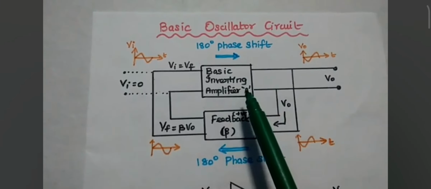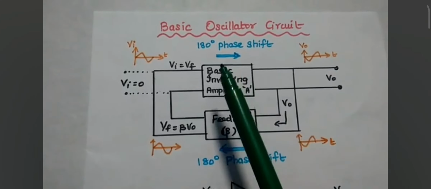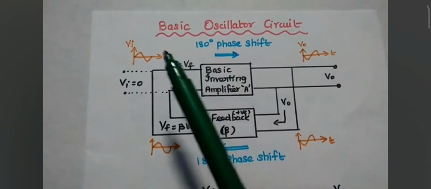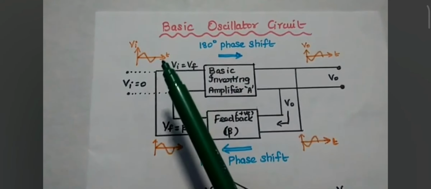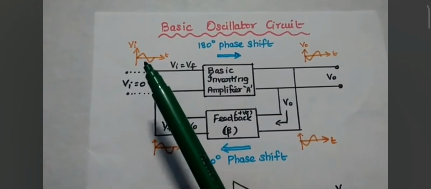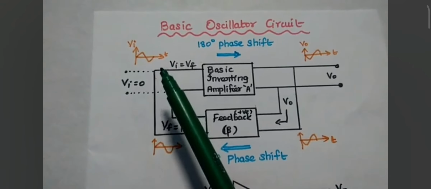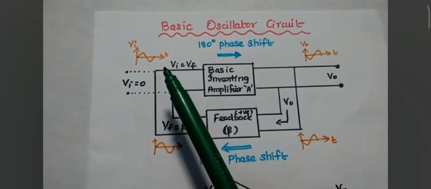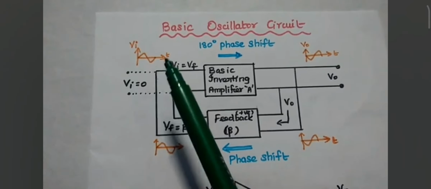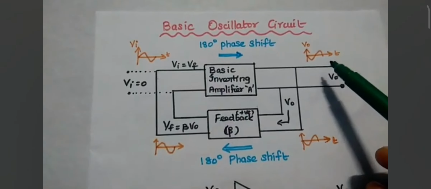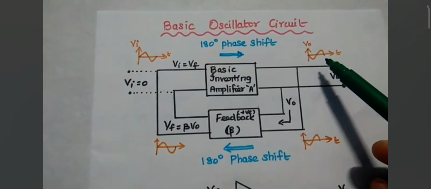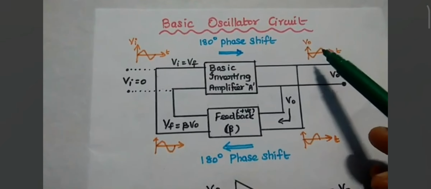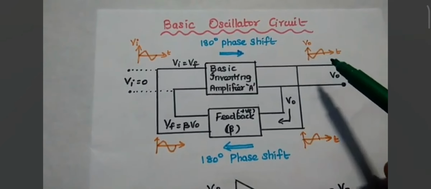Here the inverting amplifier produces 180 degree phase shift. Here we can assume there is a fictitious input signal. Fictitious means we can imagine there is an input signal which starts from positive. So obviously we get the 180 degree phase shifted output as Vo. It starts from the negative side.